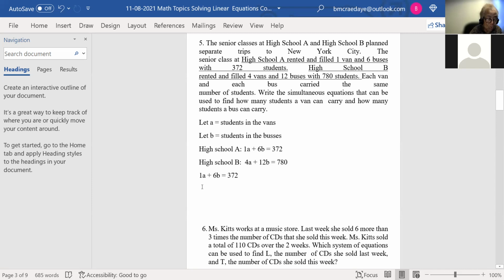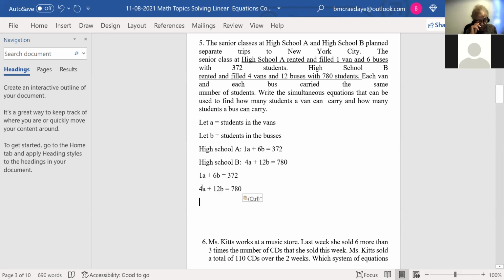Now, let's use elimination to solve this. How could I eliminate one of the variables?